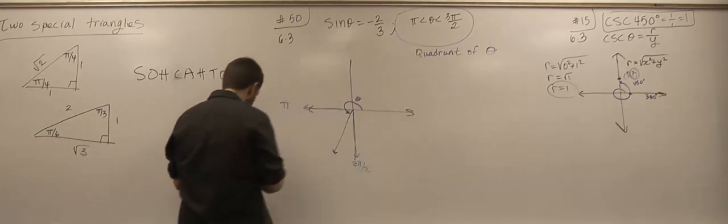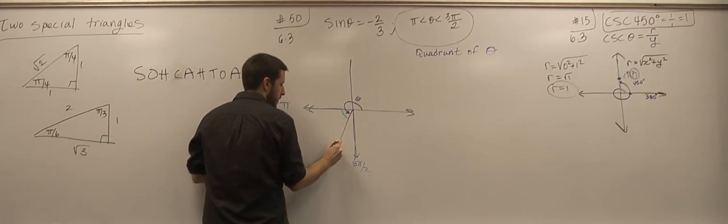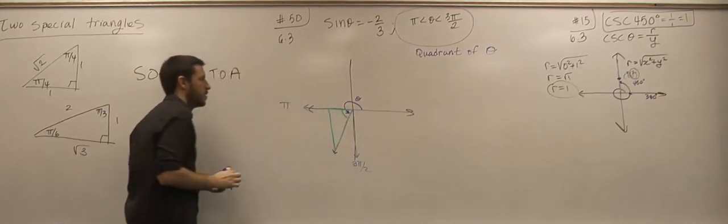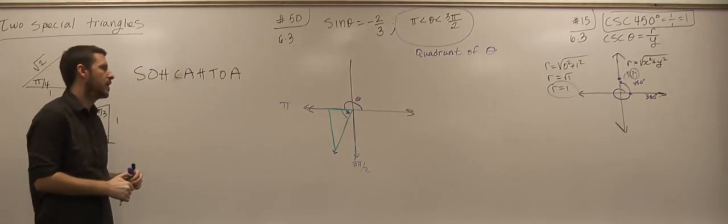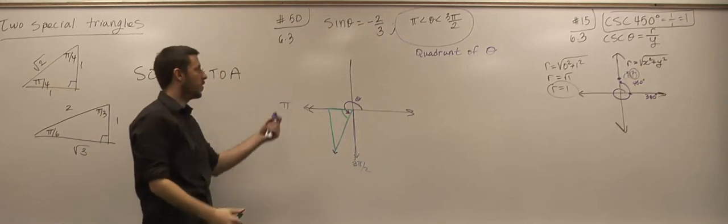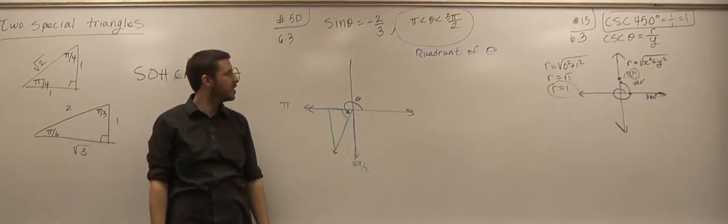So I'm going to focus on this reference angle here and draw this right triangle. And using sine of theta equals negative 2/3, my only other piece of information, I'm going to solve for all the side lengths here.